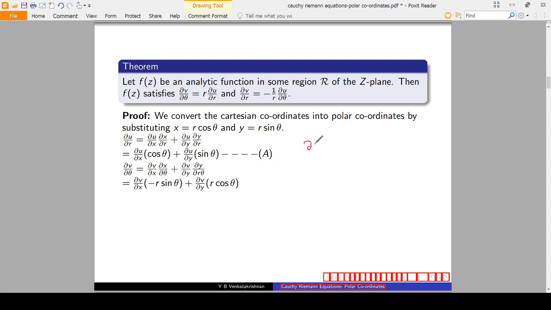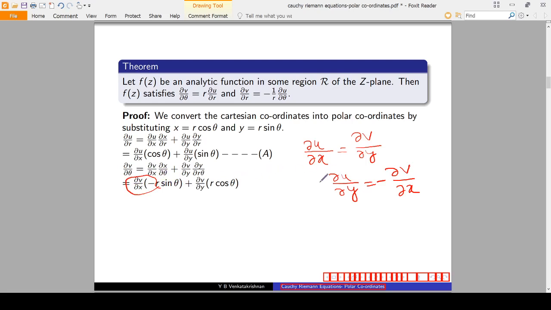So you know the CR equations in Cartesian form. Dou u by dou x is equal to dou v by dou y, and dou u by dou y is equal to minus dou v by dou x. So now here I have dou v by dou x, this term into minus.